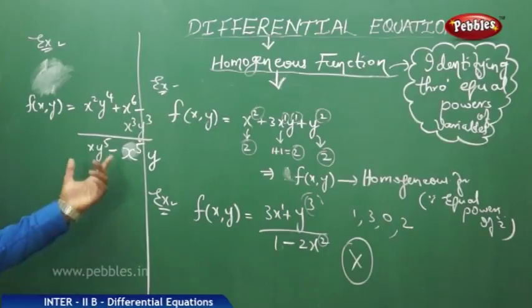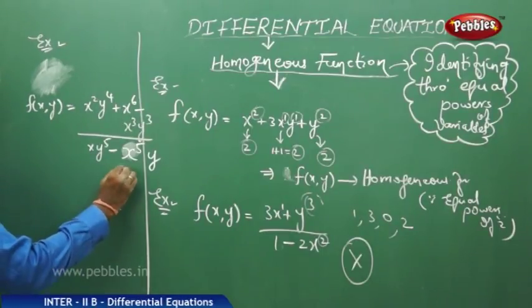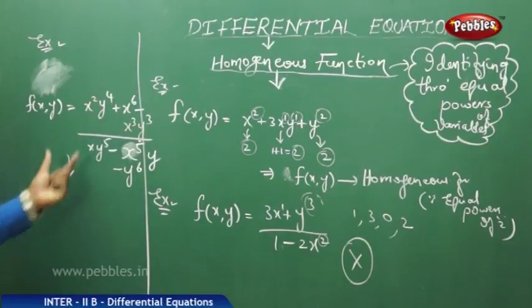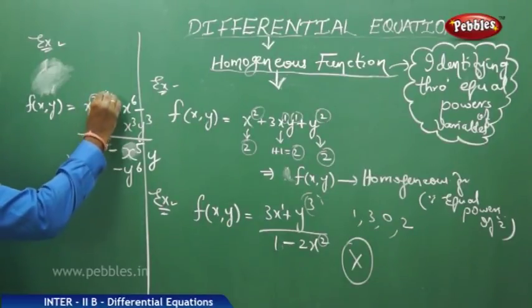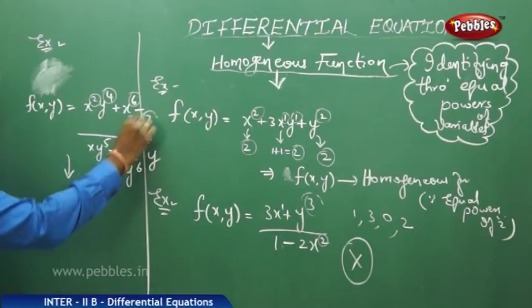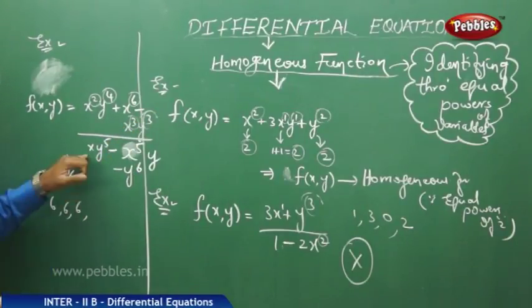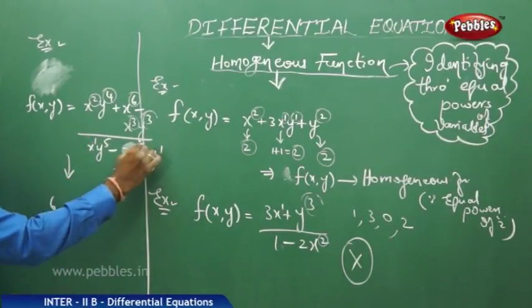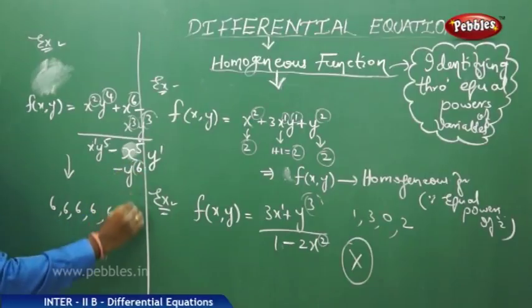Now I have this problem. Let's see if this is a homogeneous function. Clearly this function has various terms. Going term by term, the power of this is 2 plus 4, the highest power as 6, and the next term has the highest power as 6, and even the next term has highest power 3 plus 3, which is 6, and the next term 1 plus 5, which is 6, and 5 plus 1, which is 6, and this is 6.